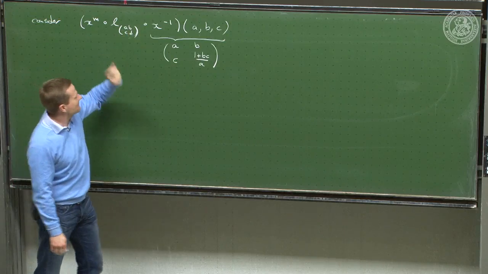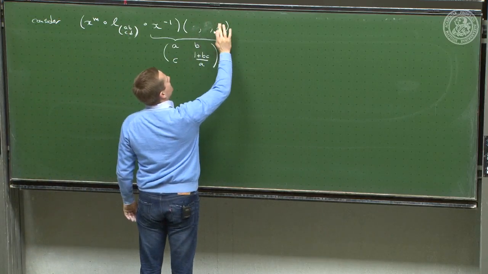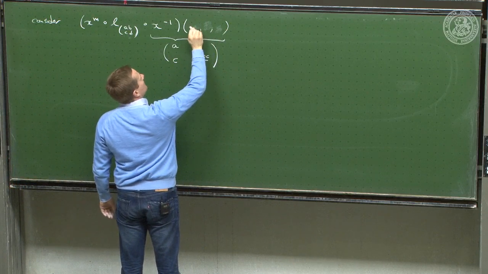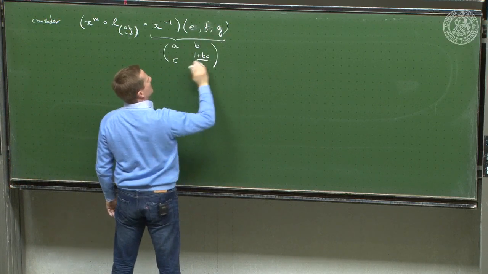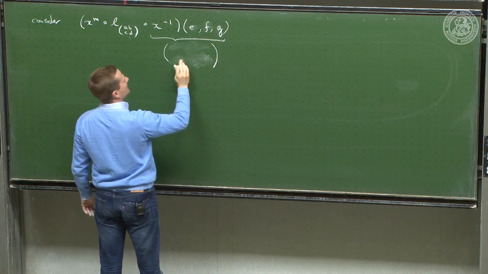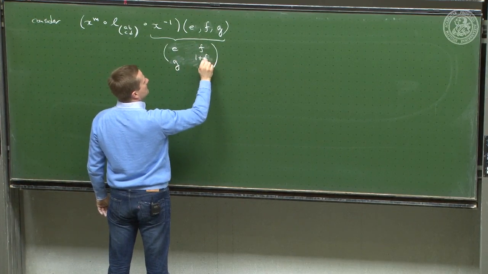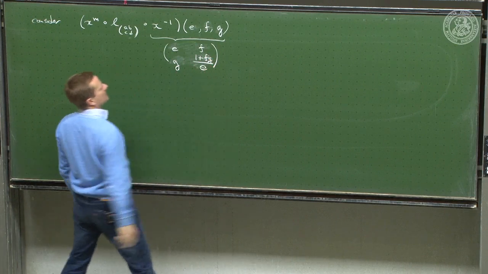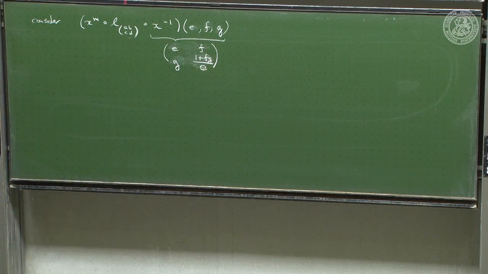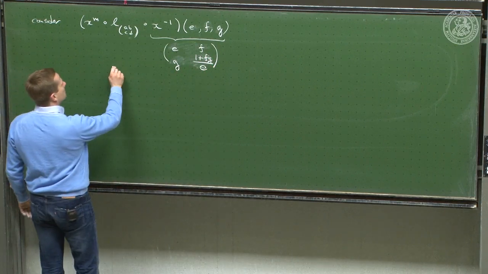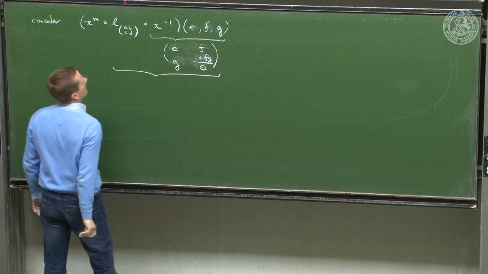ABCD is my, okay, thank you. So, EFG, I apologize, so EFG, 1 plus FG by E, right? I think so. Okay, so then you can act with the left translation on this guy.